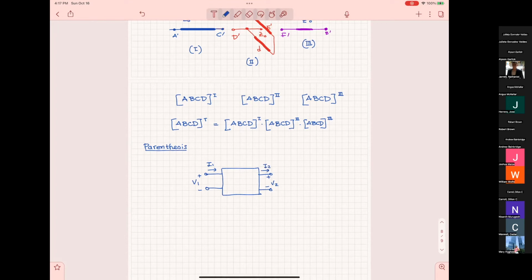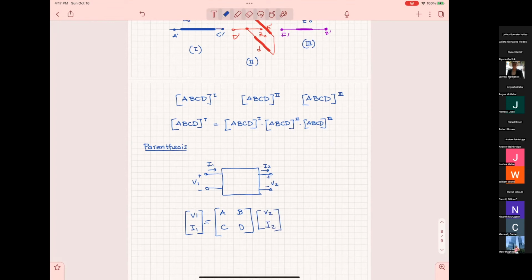Then the ABCD matrix for this connects V1 and I1 with V2 and I2.